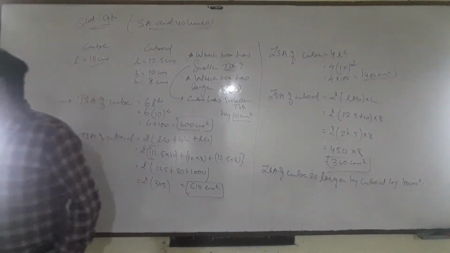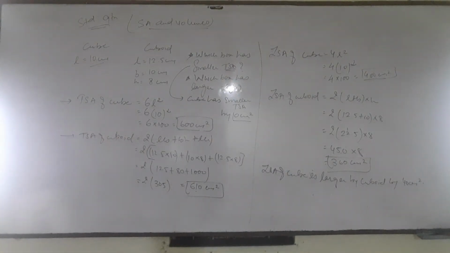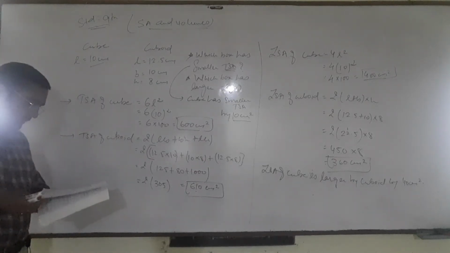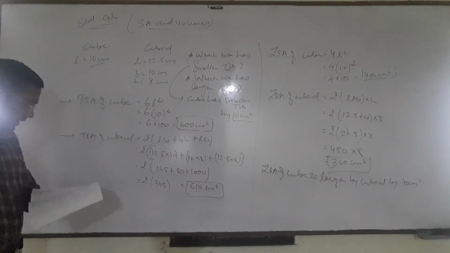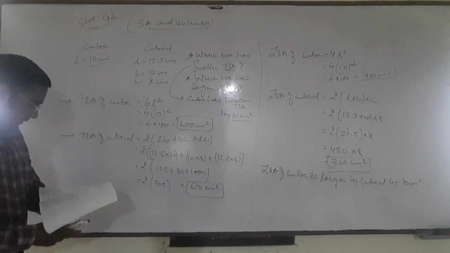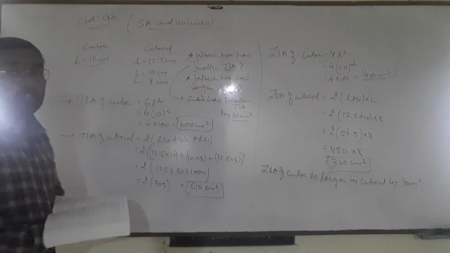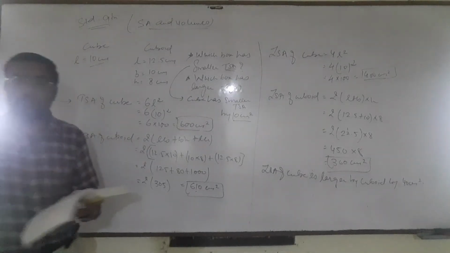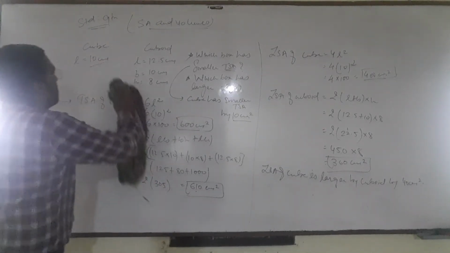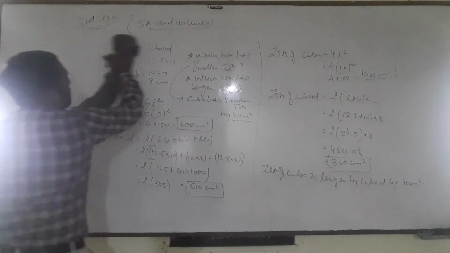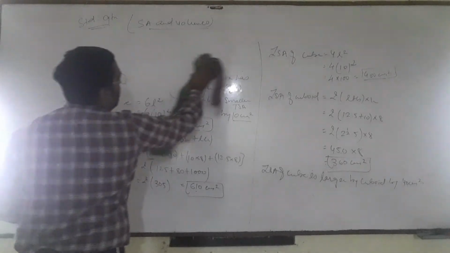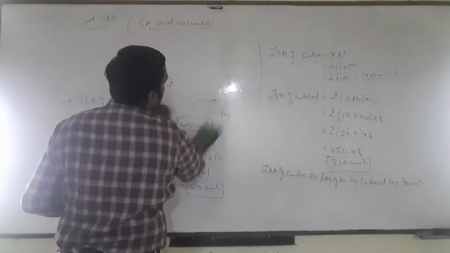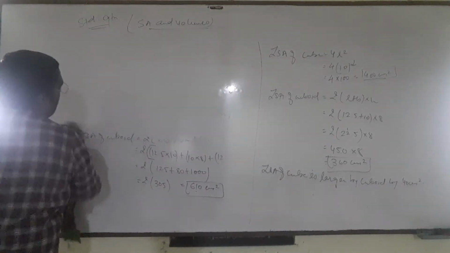Okay. So now we have to move to another example. There is one interesting question. There are 3 cubes combined to make a cuboid.